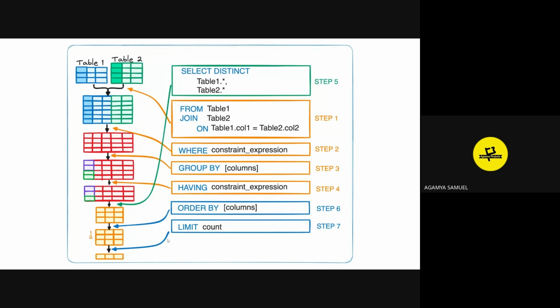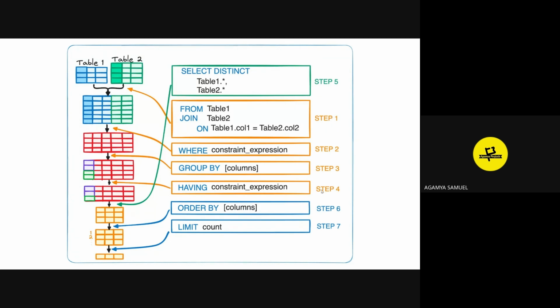But at the database level, first the from and join statements are executed. Then the where statements are executed. After that, group by statements are executed, which will group the table according to the column you have given. Then the having statement will apply any constraint available.